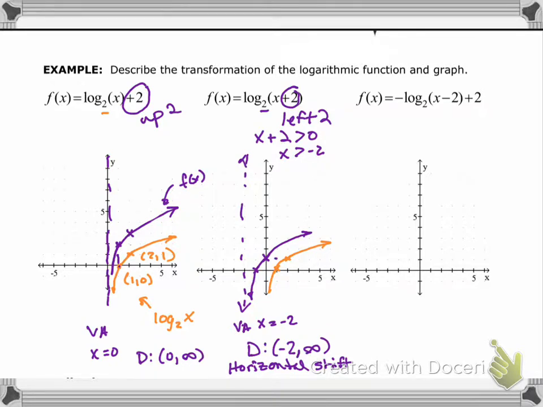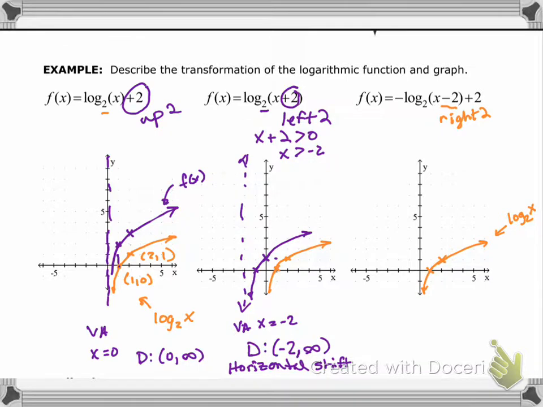Let me put in my base function. This one's going to take, I may have to erase a few and change it up a little bit. But there's my log base 2 of x. It looks to me like we have x minus 2, so that's a shift right 2.